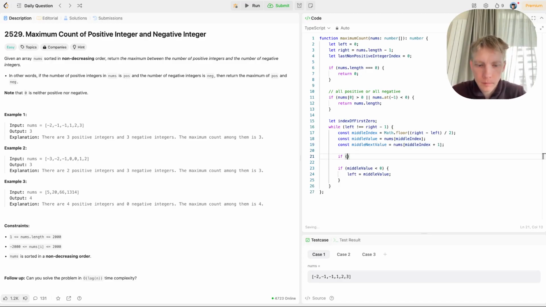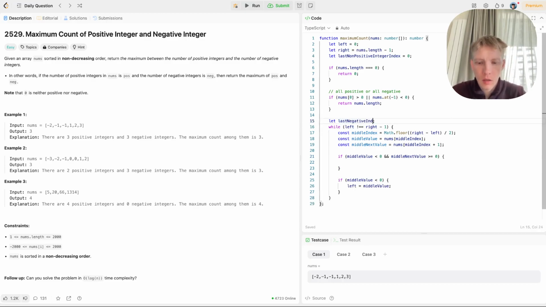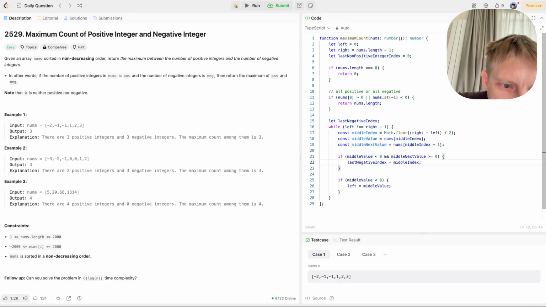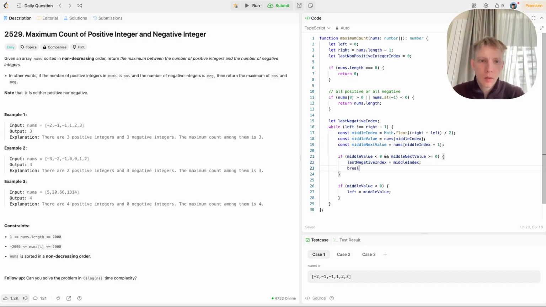If middle value is less than 0 and middle next value is bigger or equal to 0, then that is the last negative index, so the last negative index would be the middle index. Break.